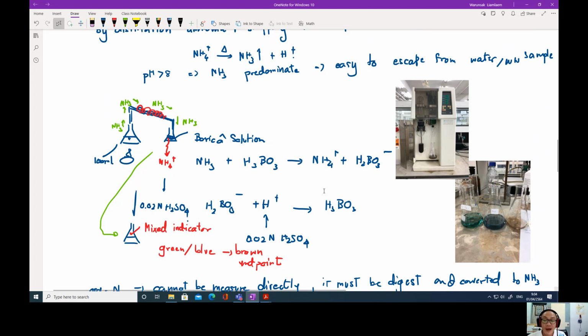Okay, so for the distillation unit, this is what I have sketched. It's just the general, conventional distillation unit, but in fact, we will use a distillation unit like this. We connect the tube containing the water sample with this distillation machine, and then the column is on the right here.